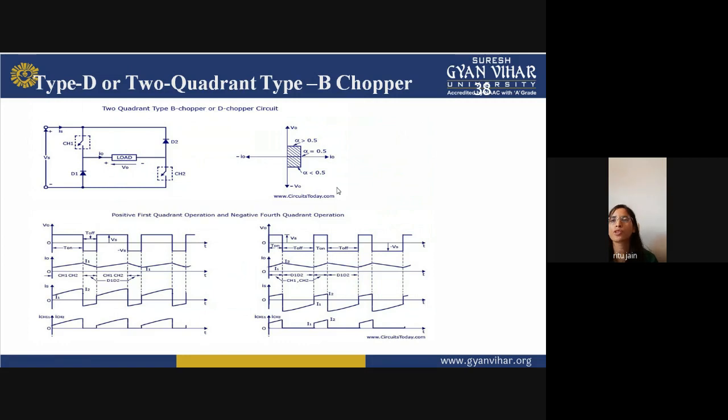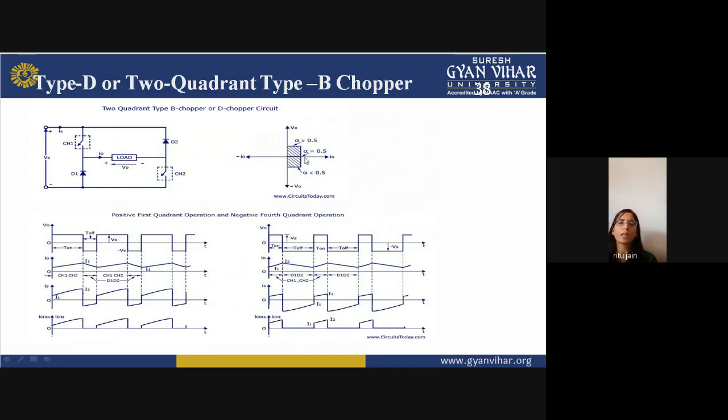So this type of chopper is called your D chopper, because in this chopper both quadrants are working, and these are your quadrants. When alpha, which is your duty cycle, is equal to 0.5, where alpha is the turn on time divided by your total time, then this circuit will operate in first quadrant.